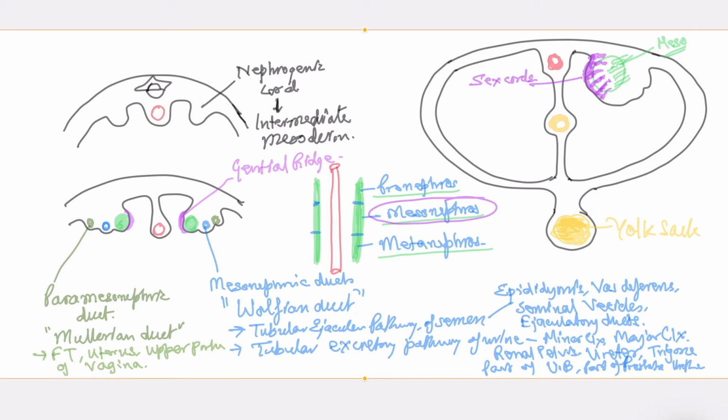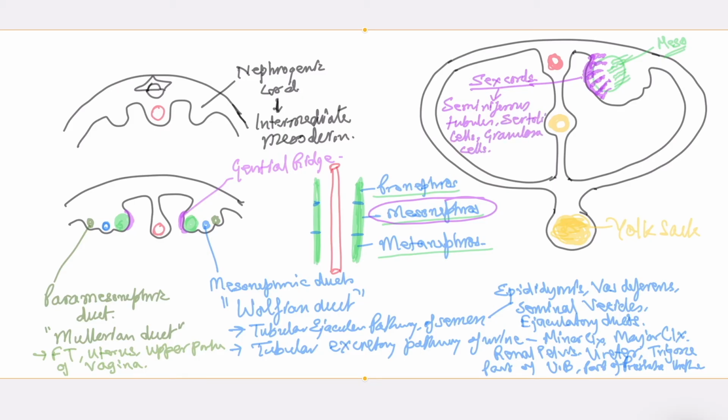In this region of the mesonephros, some of these mesonephric tubules persist and participate in the formation of the testis. The sex cords later get canalized. When they get canalized, they form the seminiferous tubules, and the cells surrounding them form the Sertoli cells as well as granulosa cells.